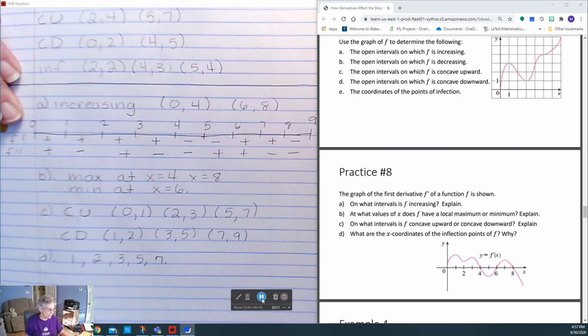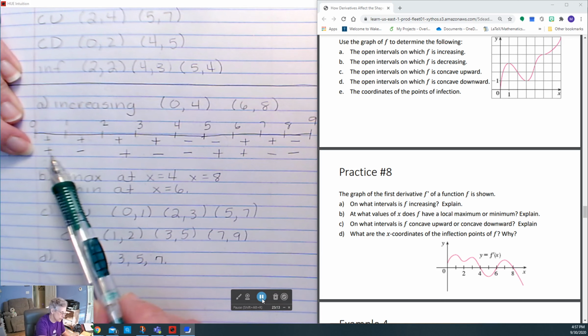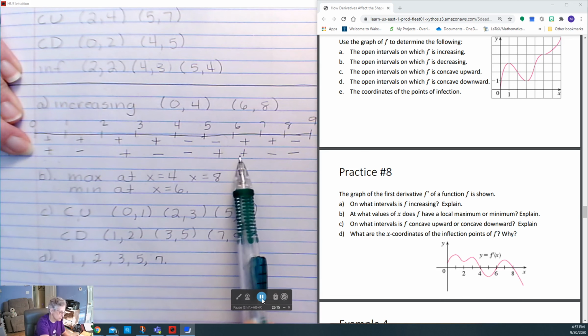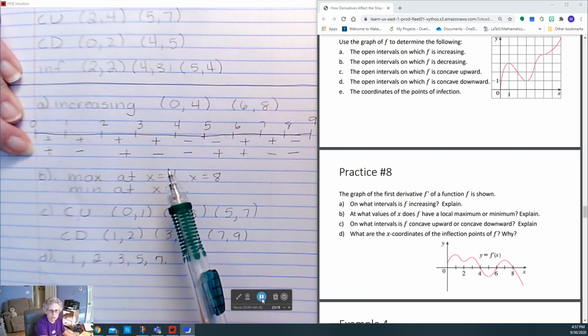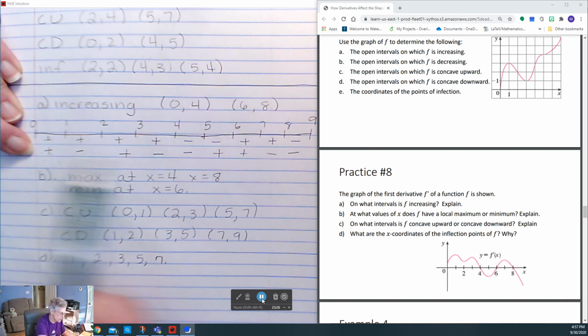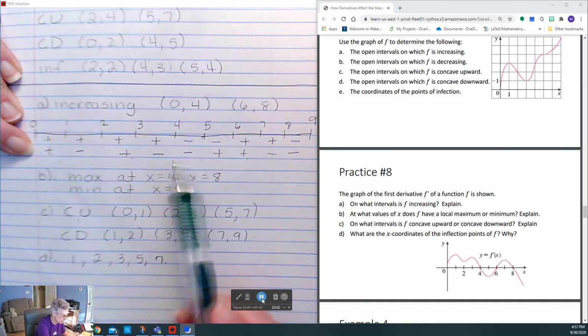So it is concave up where the second derivative is positive, and concave down where the second derivative is negative.